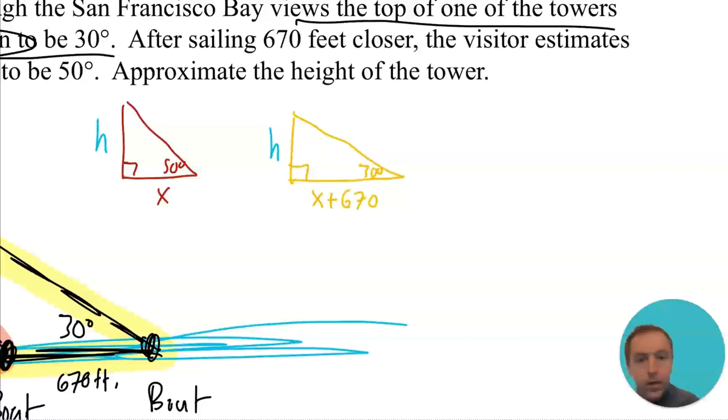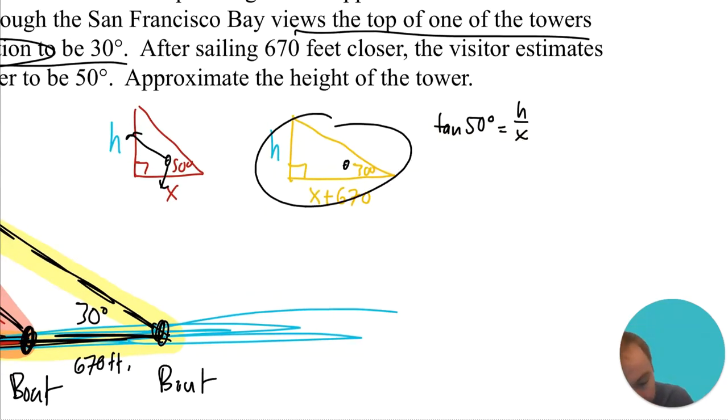And we could relate those heights together with one another, because if we use some trig ratios in the red triangle and in the yellow triangle by referencing the 50-degree angle and the 30-degree angle, we could say that opposite over adjacent, so tangent of 50 degrees, is equal to h over x from the red triangle.